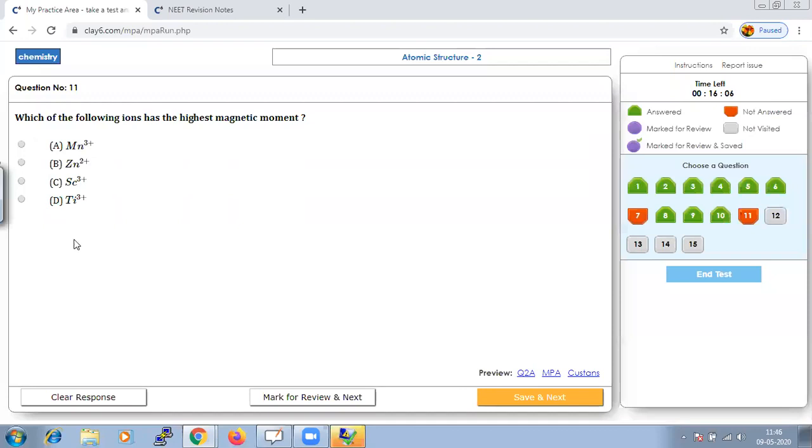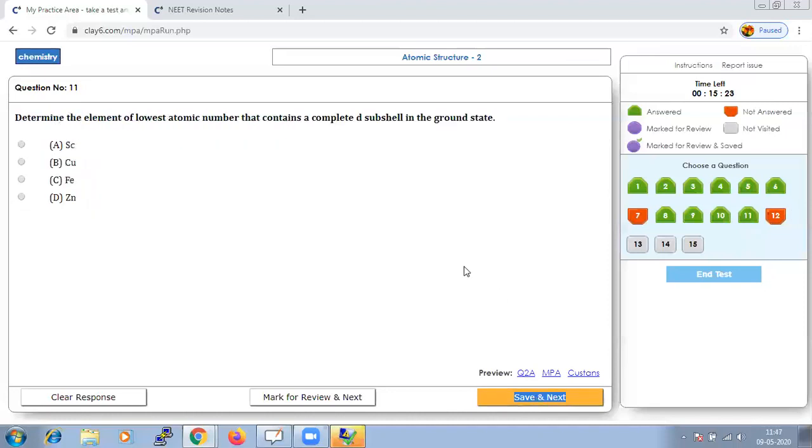So it is very simple: from the given options you should find out the number of unpaired electrons present in each option, and whichever has more unpaired electrons will have the highest magnetic moment. Here, Mn3 plus will have 5 unpaired electrons. Hence you can conclude that this will have the highest magnetic moment. That is the relation between unpaired electrons and magnetic moment. Let us save and go to next.